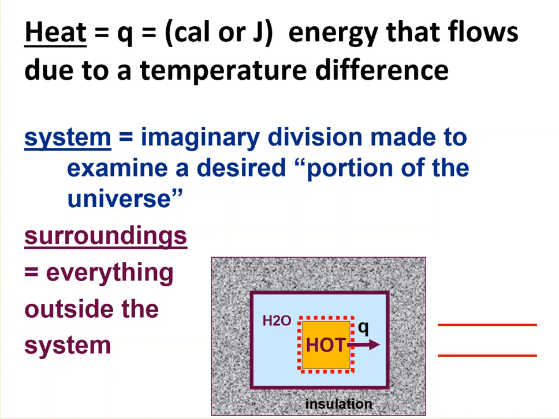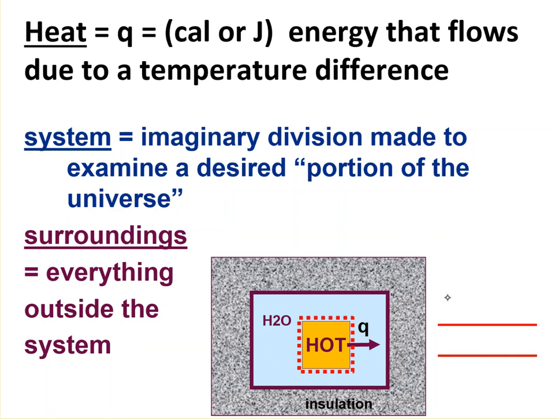Here's what I'm talking about as far as a system goes. You can draw a system, for theoretical or problem-solving terms, wherever you want. In this case, the imaginary division that I'm drawing is this dotted line, just to problem solve and to organize things. I might imagine the hot object is my system, and the surroundings would be everything around that, which in this case is mostly the water.